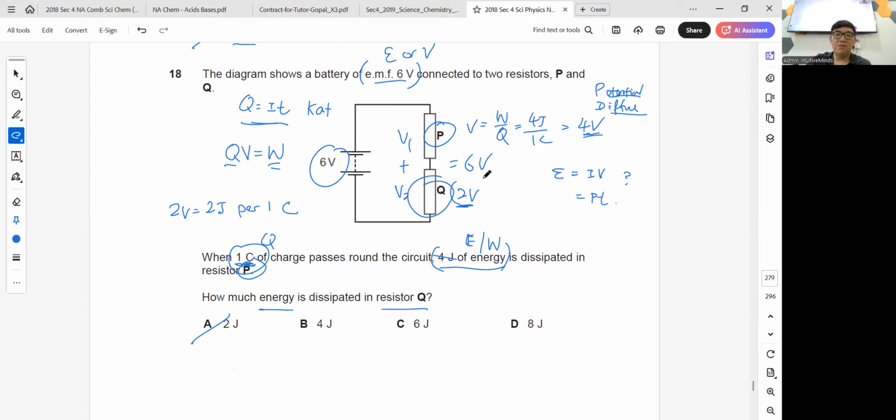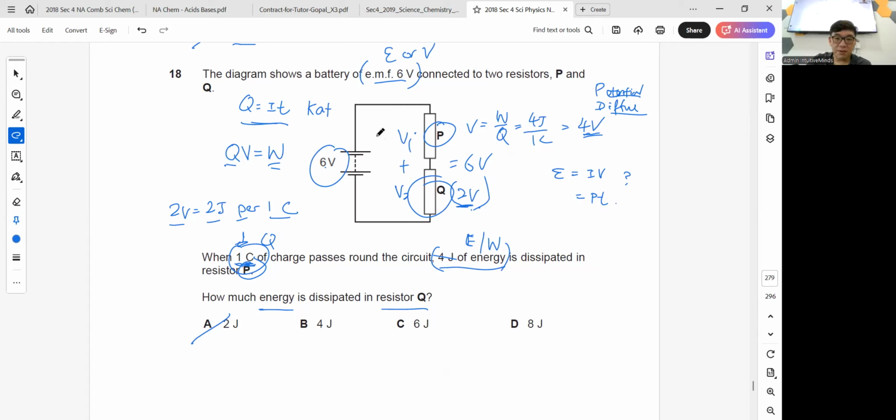Okay, you got here 2 volt as answer, right? 6 minus 4 gives you 2. So 2 volt is actually equals to 2 joules of work done to drive 1 unit charge across. So the phrasing, if you understand the phrasing, then you know the answer is 2 joules. It's based on 1 coulomb of charge.